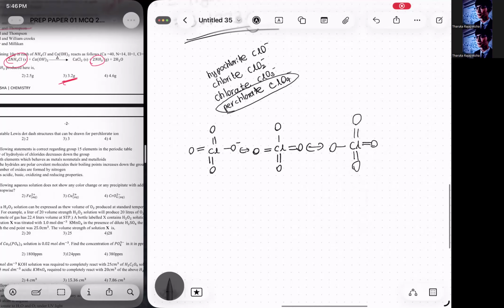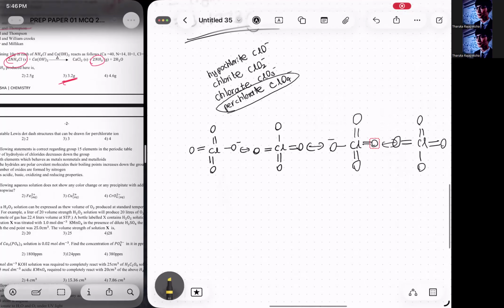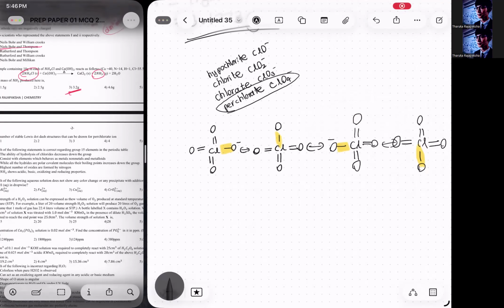And you can draw another one with a single bond to the bottom. You can see here this bond is only changing places. Resonance structures. So there are 4 structures that can be drawn. Therefore the answer is answer number 4.